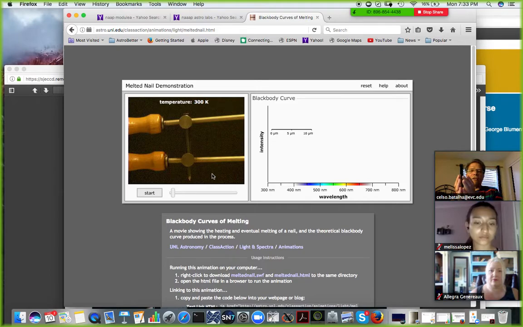It takes that energy in the green color band and then distributes that energy in all possible colors. But it is distributed in such a way, in such a distribution we call the black body distribution. It's a Planck function, and I will show you in a little bit.